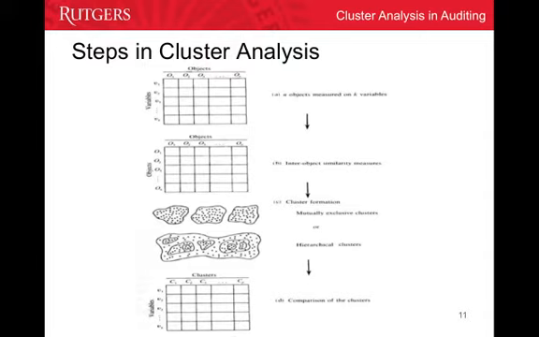There are several options and techniques available for these steps, making cluster analysis as much an art as a science. Okay, then I'm going to go through these steps in detail.